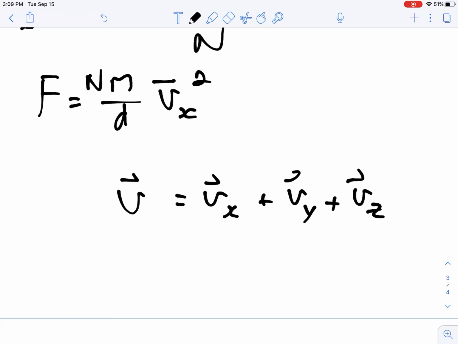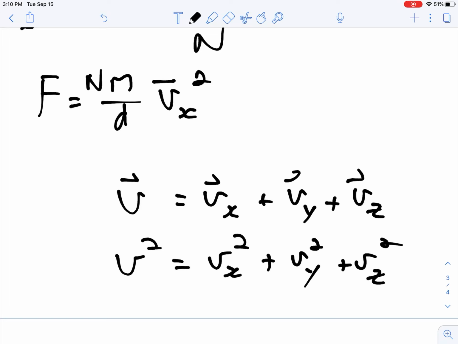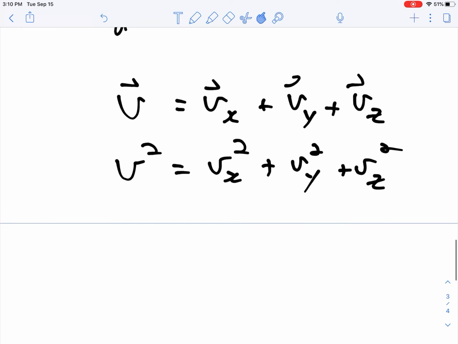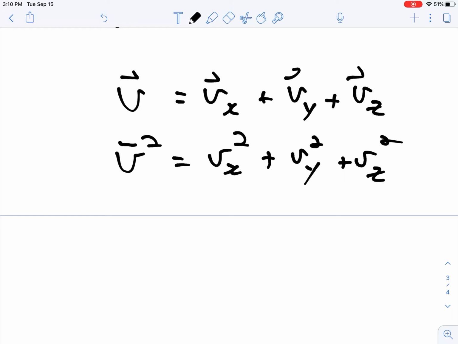So that vector is made of an x, y, and z component. If I take the average of each of those, I would end up with that.